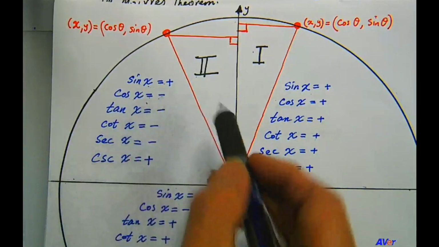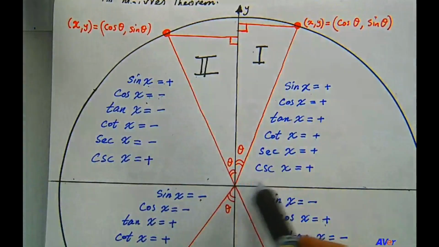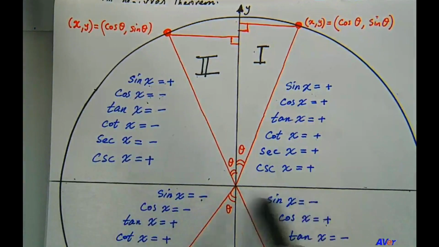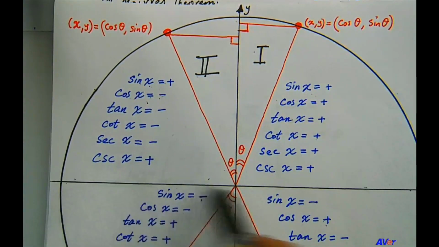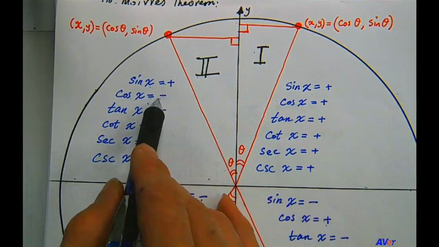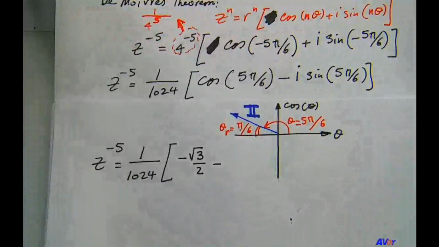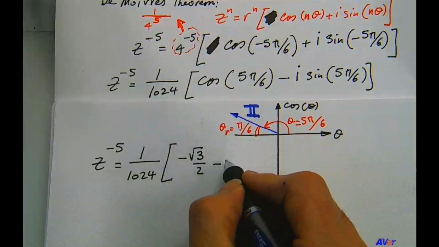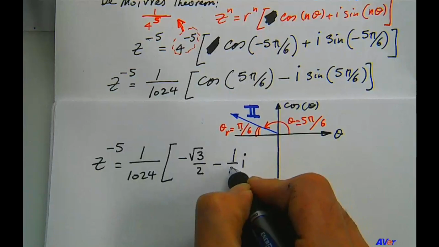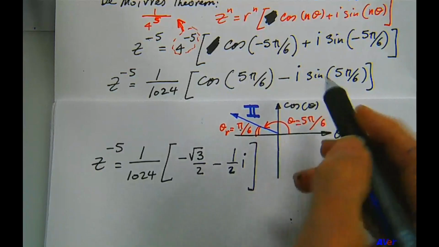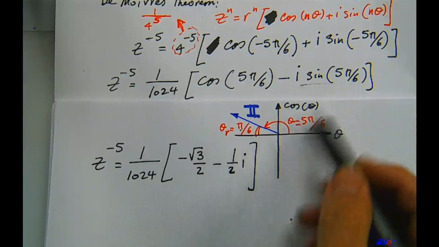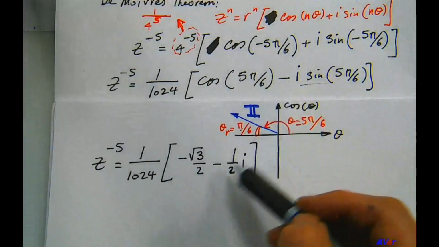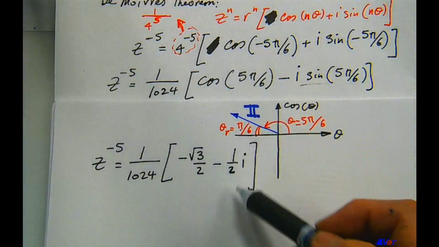But for cosine, the reflection of the reference angle is along the horizontal axis, and the horizontal axis in the second quadrant is negative. So here we have 1/2 I, and the minus is in front, minus 1/2 I.